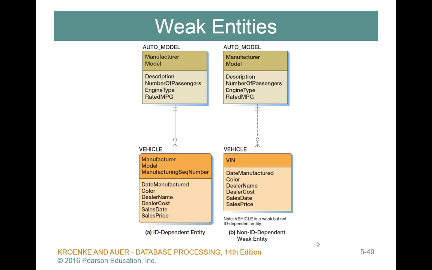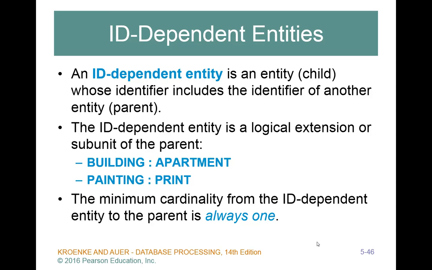We notice where we have manufacturer and model in vehicle as an ID-dependent representation, and then we just have VIN number in a non-ID-dependent relationship. Okay, so which one is more appropriate would depend on what you're trying to do with that particular data. Okay, and I think I skipped one point I want to make sure that we understand.